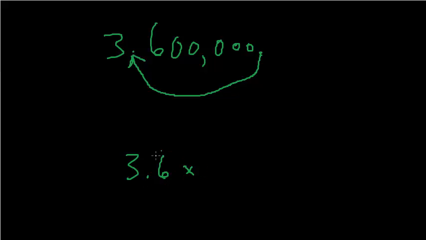So 3.6 times 10, right, to the 6th power, because we moved our decimal place 6 places. So 3.6 times 10 to the 6th. 10 to the 6th is 1 million, so 3.6 times 1 million will give us back that 3,600,000. That's the idea behind scientific notation.